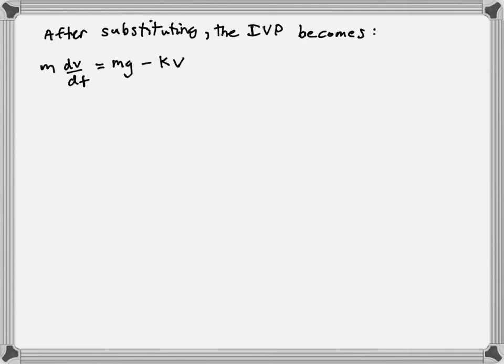This is our equation, and also don't forget that v of 0 is 0. In other words, we now have a first order equation, and this is one of the tricks we learn later on: we were able to do this substitution because of the nature of this differential equation. Notice that this is separable.